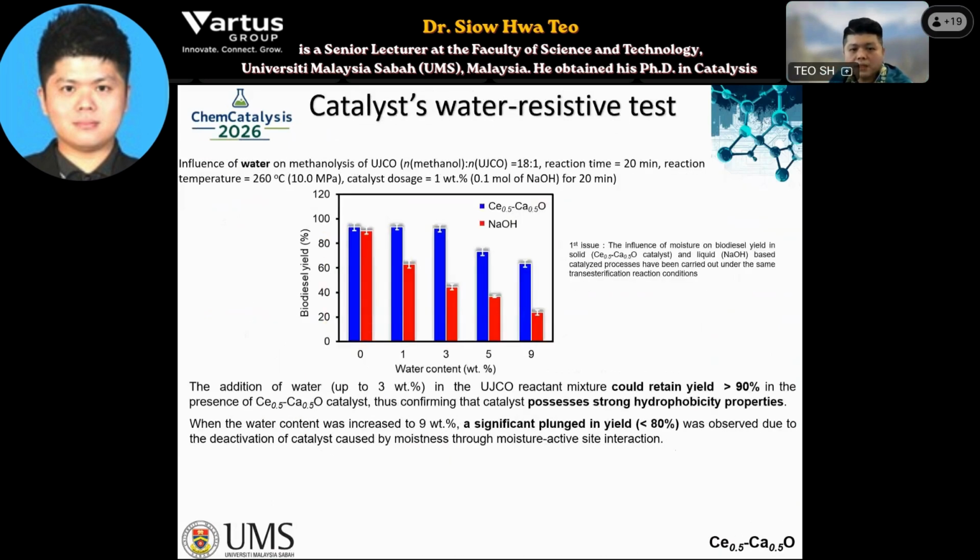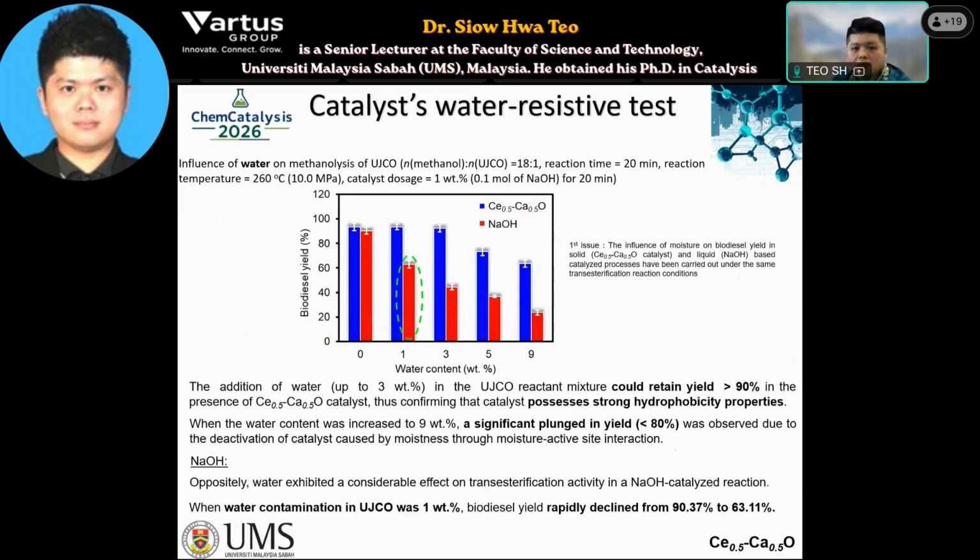Besides the catalytic activity, the resistance of the catalyst towards water contamination is an important consideration for practical biodiesel production. Therefore, we investigated the effects of water content on biodiesel yield and compared the performance of the mixed oxide catalyst with the conventional homogeneous catalyst, which is sodium hydroxide.